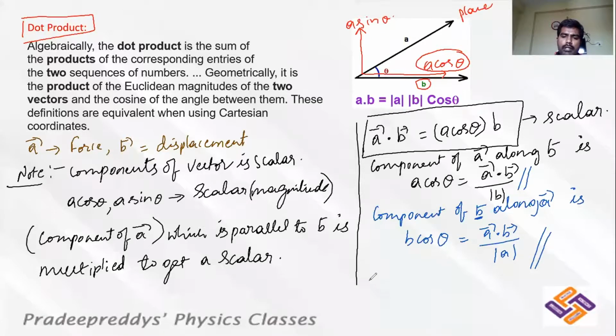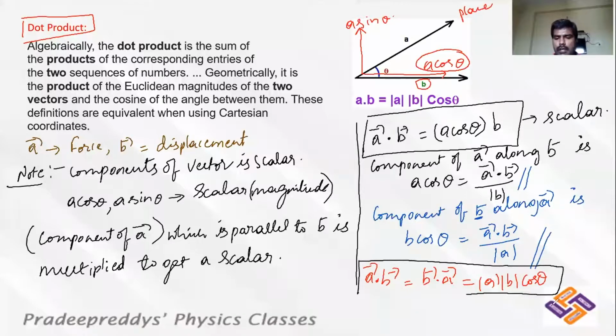And remember that a bar dot b bar is equal to b bar dot a bar, which is equal to magnitude of a, magnitude of b into cos theta. This is an important conclusion, right?